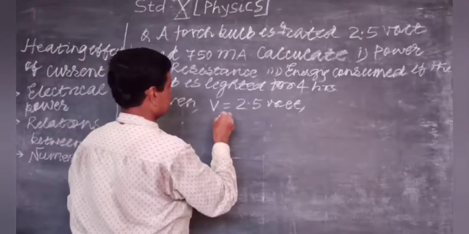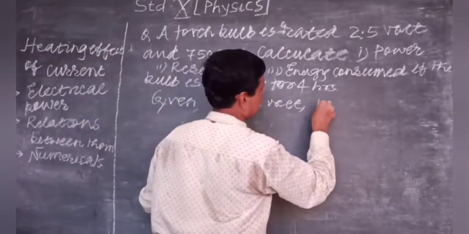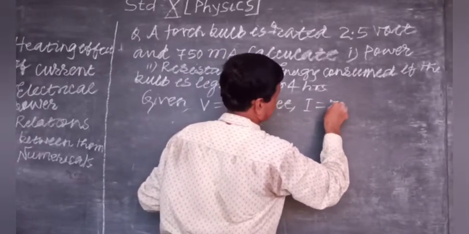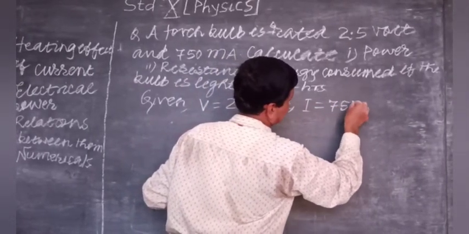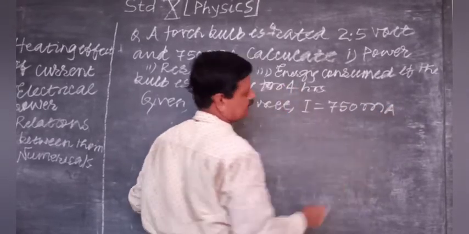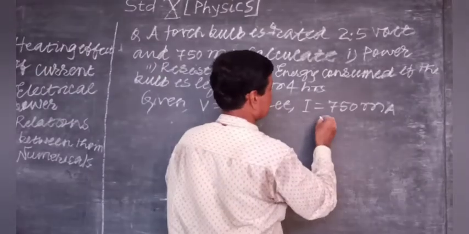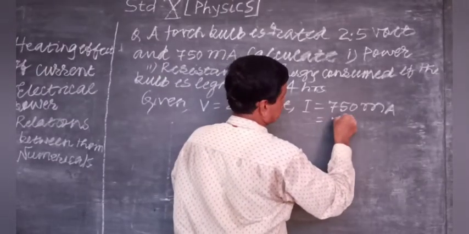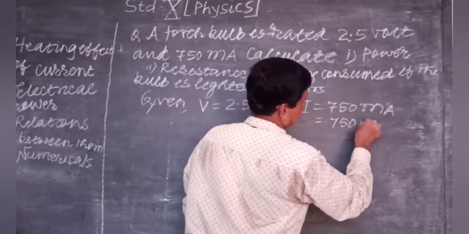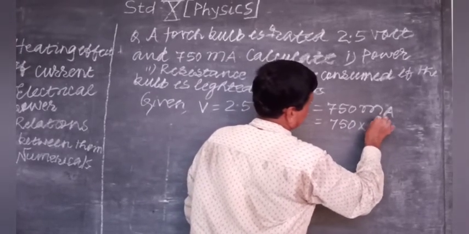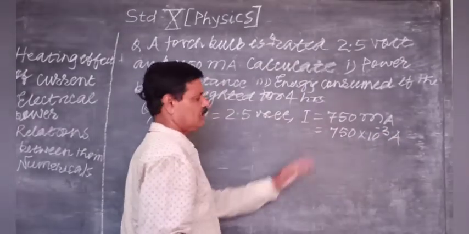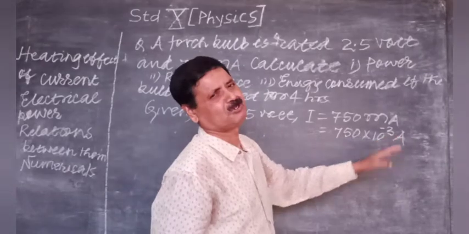Milliampere is the value of current. I is equal to 750 milliampere. You have to convert milliampere into ampere. So 750 by 1000, or 10 to the power minus 3, it is ampere. You can also write 75 into 10 to the power minus 2.